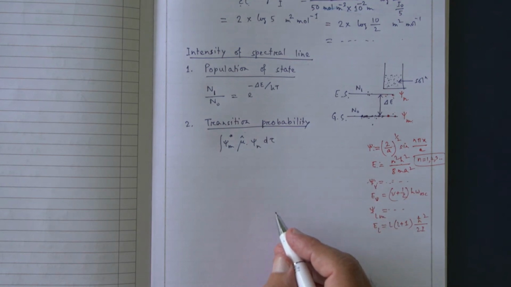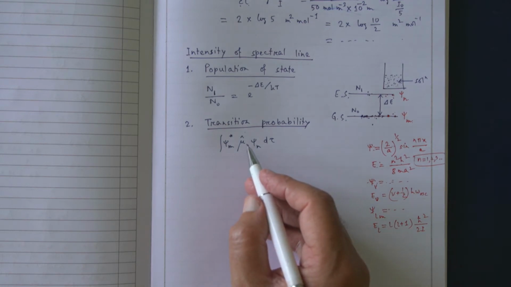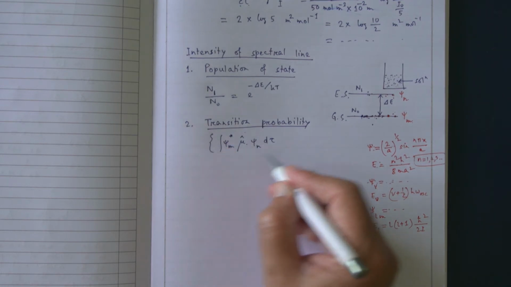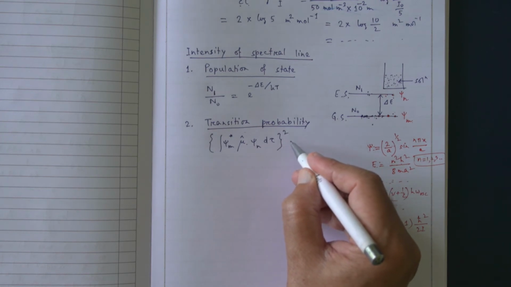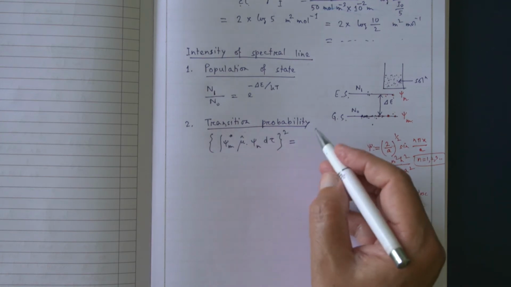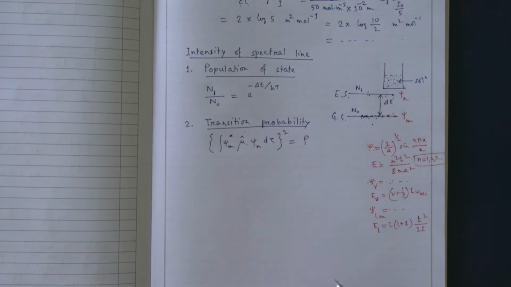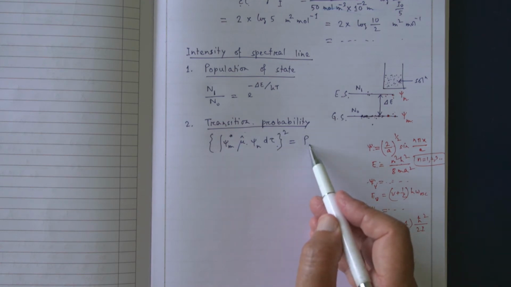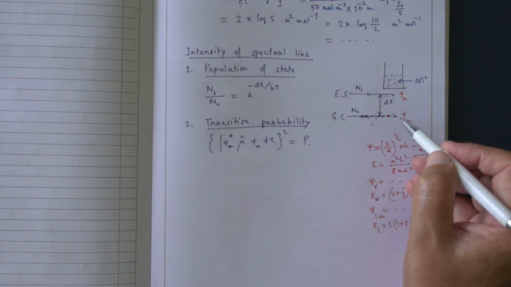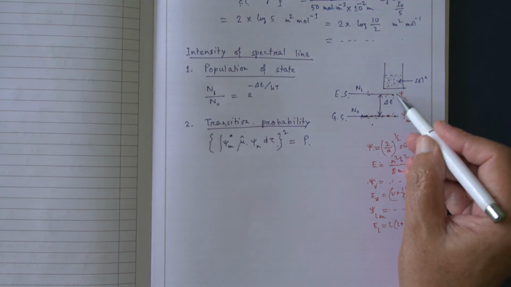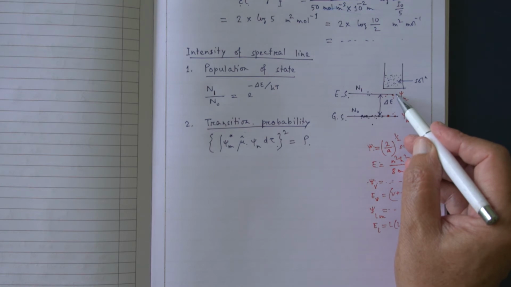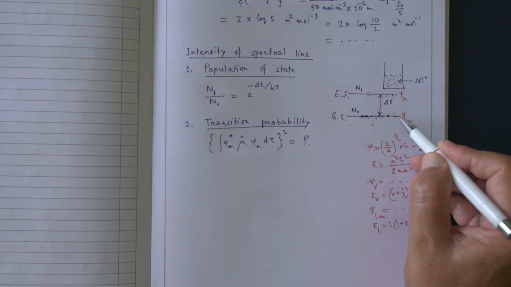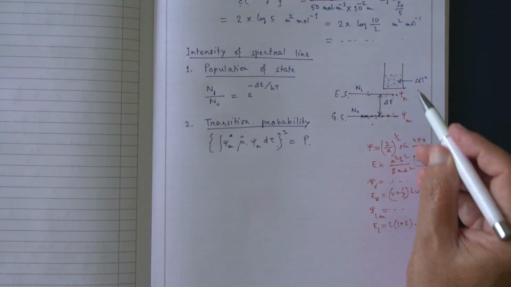Okay, this is one integration, and the square of this integration will give us the probability of transition. Square of this integral will give us the probability of transition. That means how much probability is there for moving from this state to this state. That is given by this.